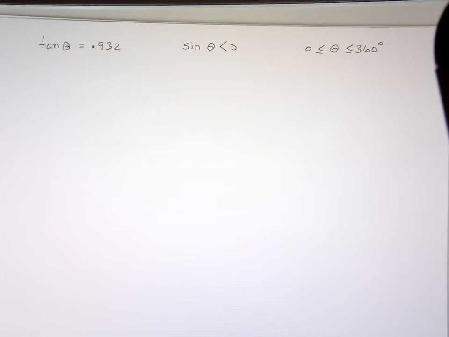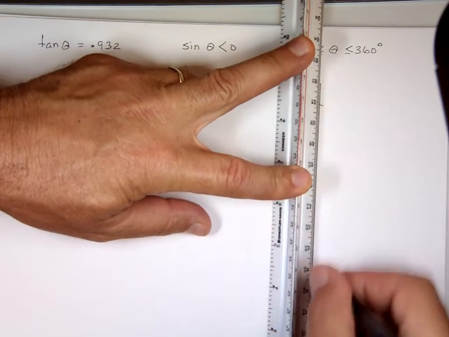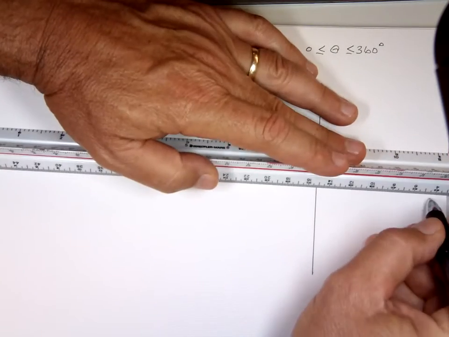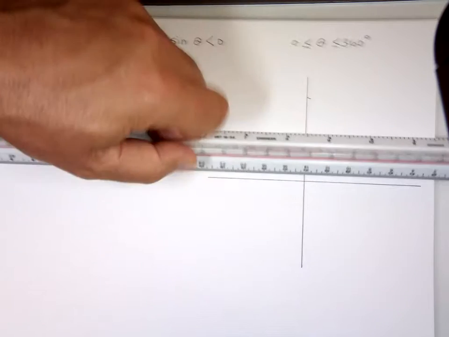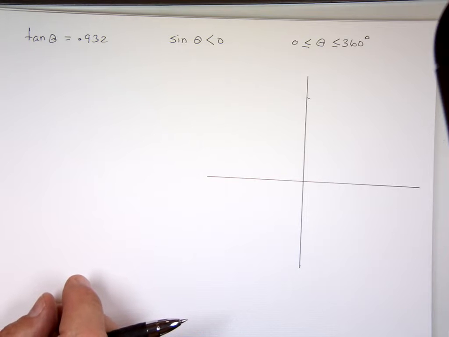Now we pinpoint the problem. Which quadrant? The tangent is positive and the sine is negative.